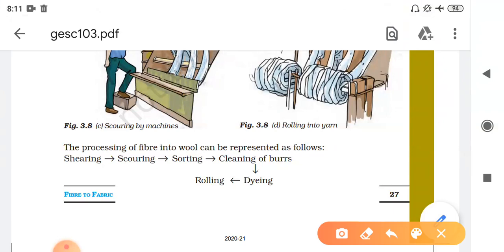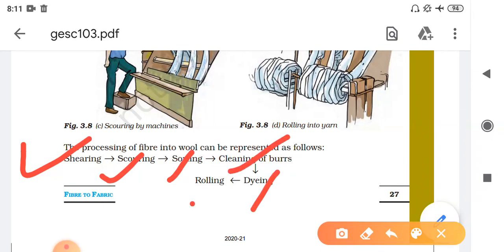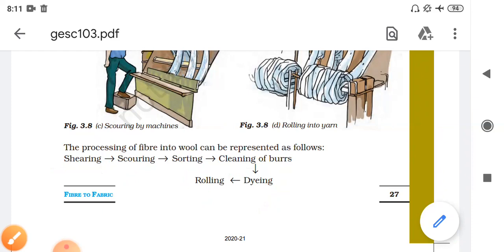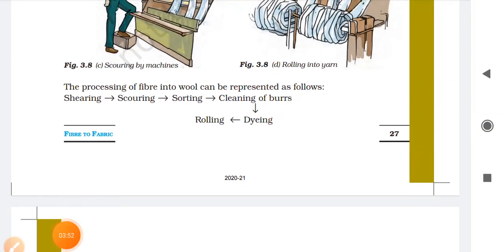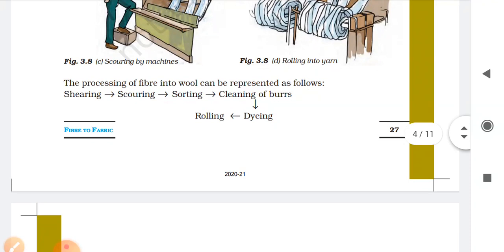The processing of fibers into wool can be done in these 5 or 6 steps, which are shearing, scouring, sorting, cleaning of burrs, dyeing and rolling. So have you understood the process of fiber into wool? Shearing, scouring, sorting, cleaning of burrs, dyeing and rolling.